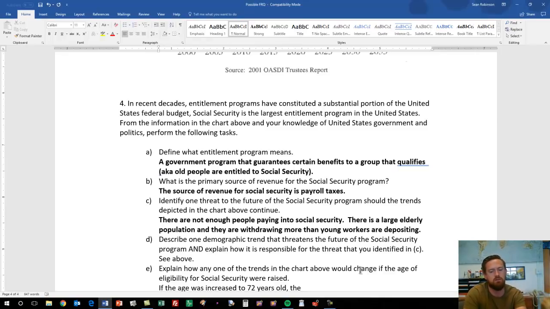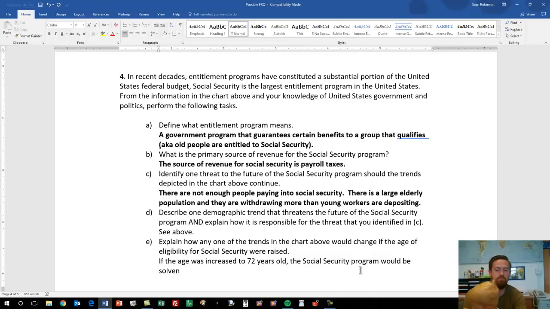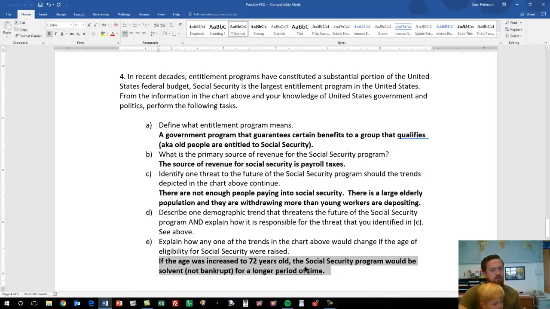It would survive a little longer. The Social Security program would survive, well, let's say be solvent, aka not bankrupt, for a longer period of time. Basically, it would survive longer. You don't have to break all this down. There would be less old people, benefits would be paid less. I just want the conclusion. The program would last a little longer.